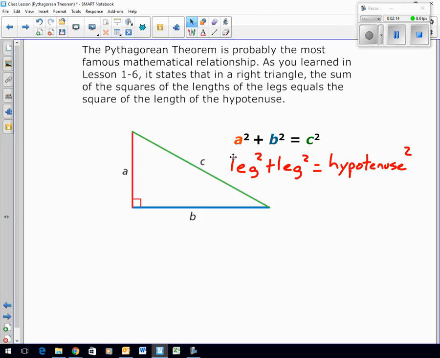Okay? You can identify the hypotenuse. You go from the right angle in the triangle and go directly across. The side that is across from the right angle is the hypotenuse. The other two sides are the legs.